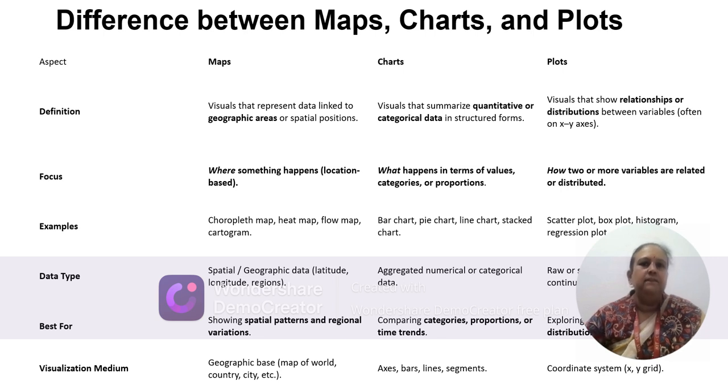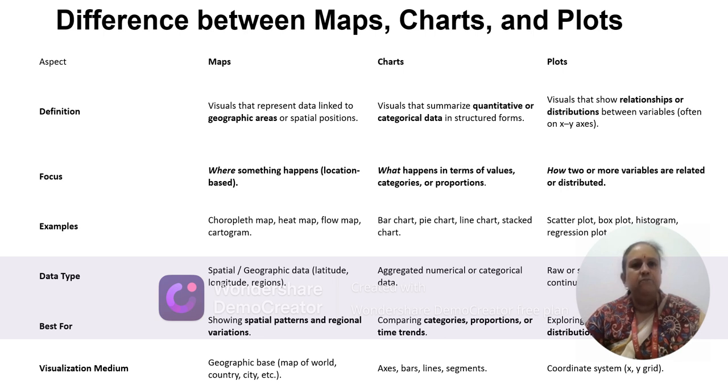Let us quickly look at the difference between maps, charts, and plots. In terms of definition, maps are data linked to a geographical area or spatial points. Charts are used to represent quantitative or categorical data. And plots are used to represent the relationship or distribution between variables, on the x and y axis.